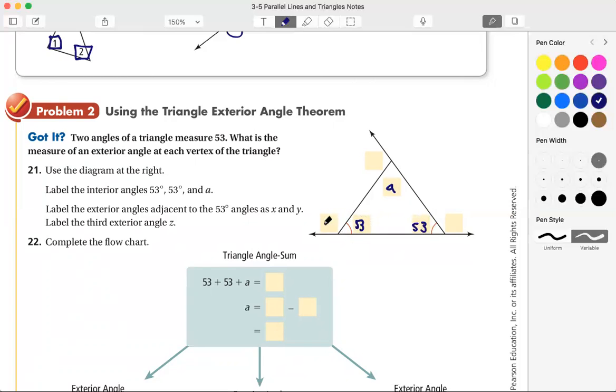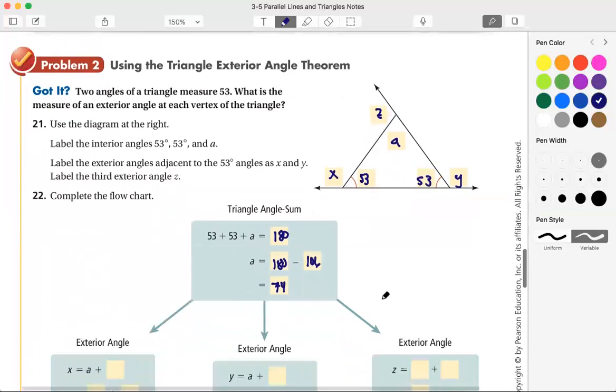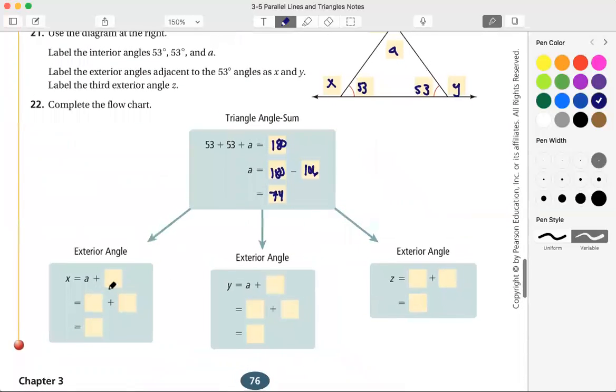So this is going to be X, this is going to be Y, this is going to be Z. By the triangle sum theorem, the sum of the interior angles has to be 180 degrees. So A is 180 minus 106, which gives me 74. X is then going to be A plus 53, so 74 plus 53, so X equals 127.